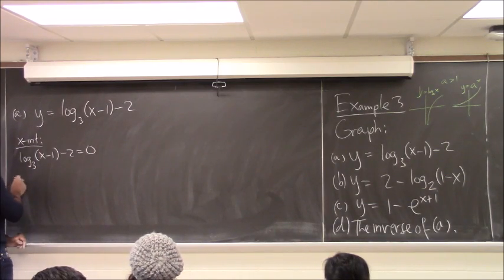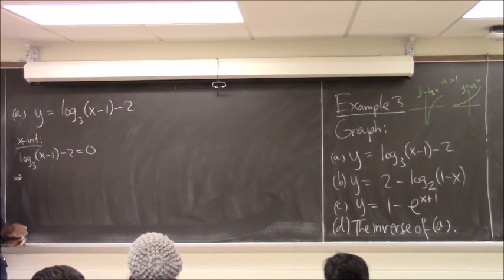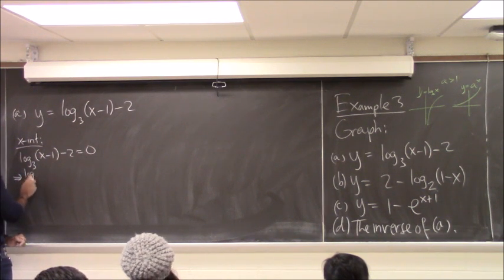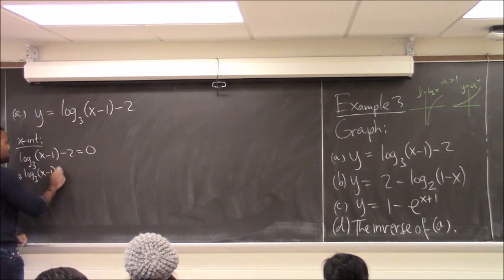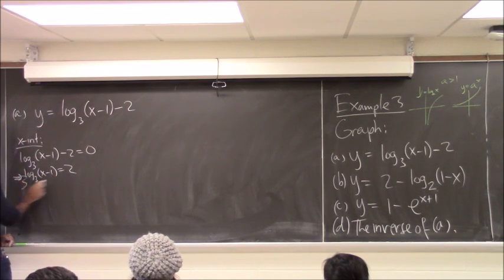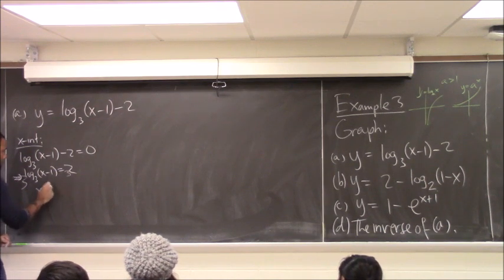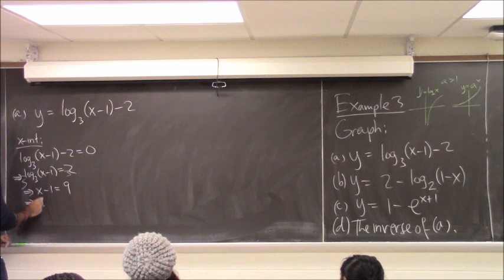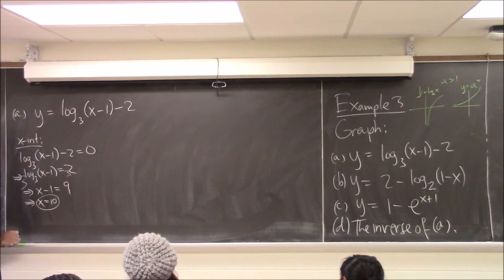So how do I solve that? Get rid of the log of 3. So x equals 10 is the x-intercept.